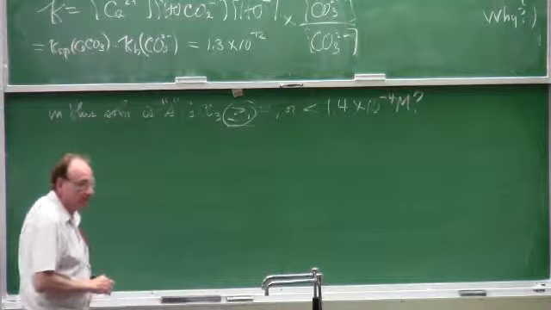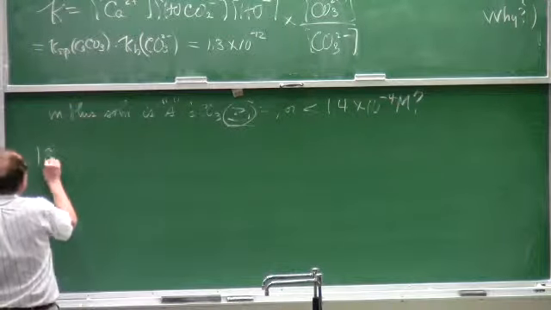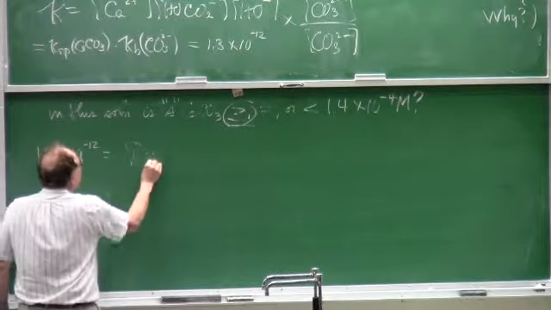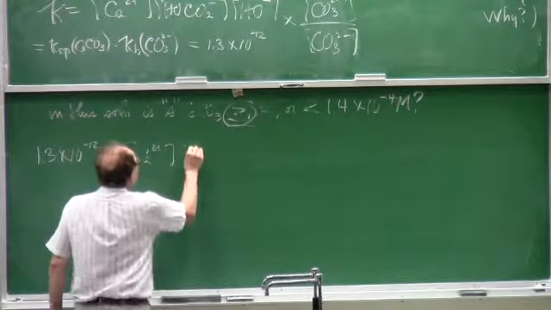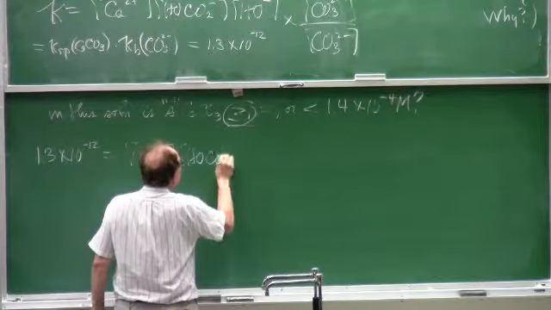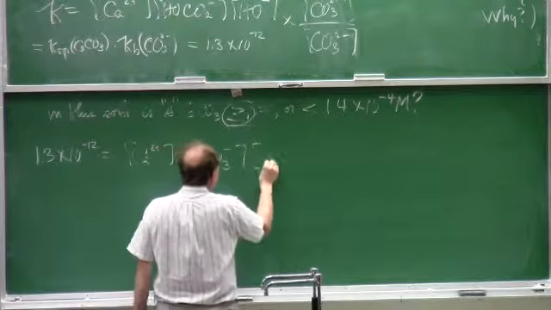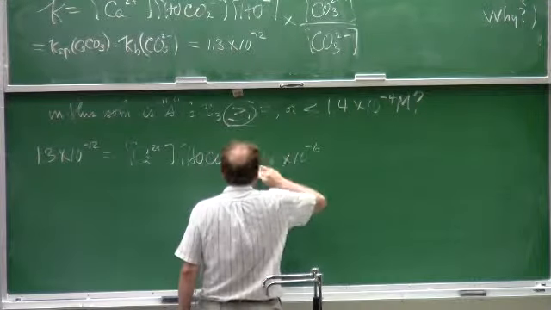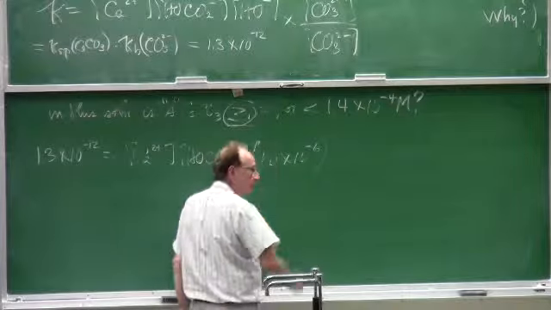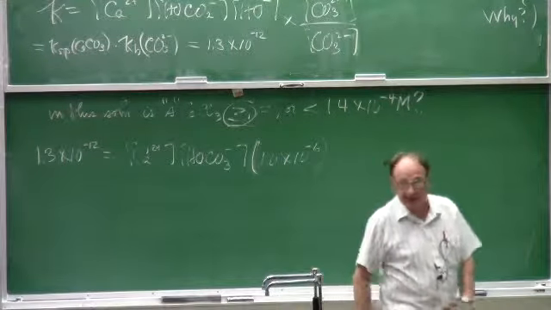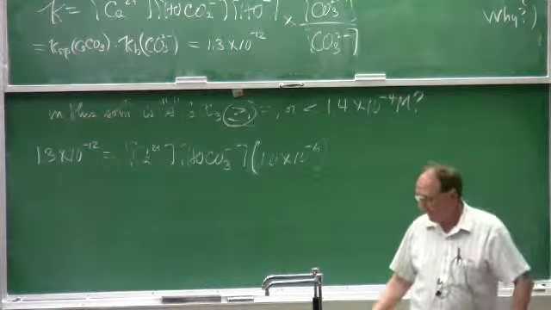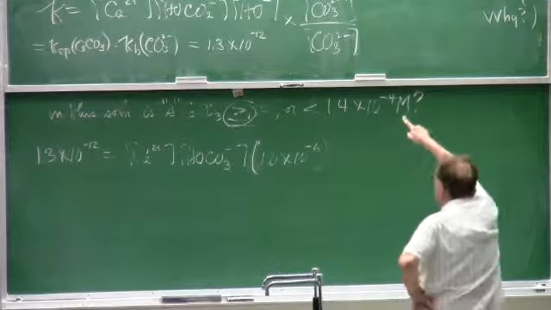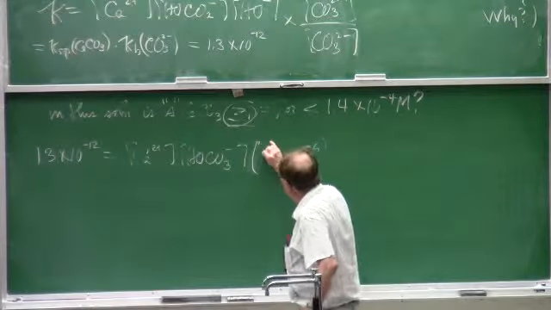And now let's do the arithmetic. 1.3 times 10 to the minus 12, that's the K value, is equal to the calcium ion concentration times the bicarb concentration times 1.0 times 10 to the minus 6. We got the pH, so we know the hydroxide ion concentration. There's the hydroxide ion concentration corresponding to a pH of 8.00.